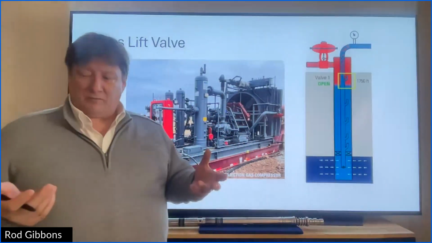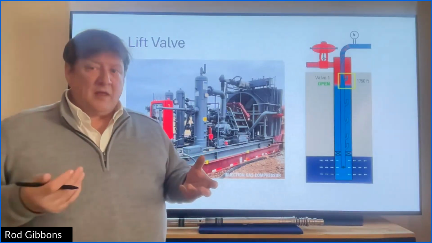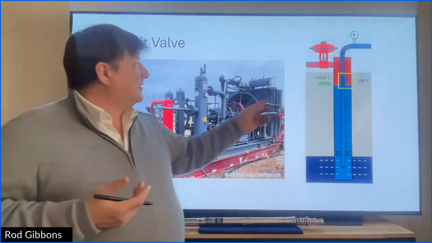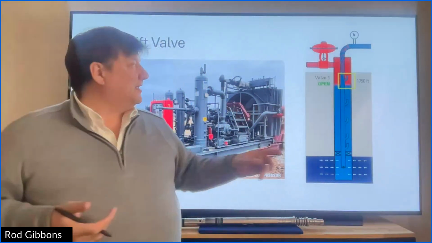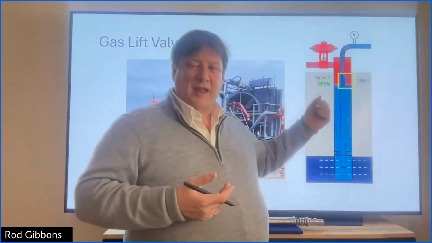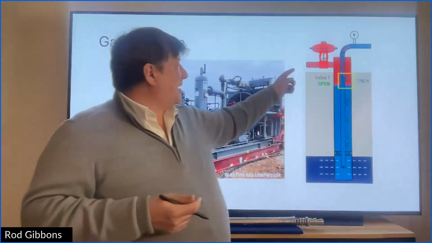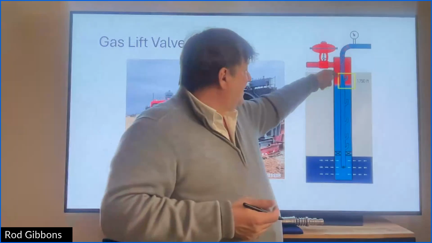When we have that gas pressured up, now it's a great tool for us to use to produce more fluid out of the wells. And we do that by putting high pressure gas back down in the annulus of these wells.